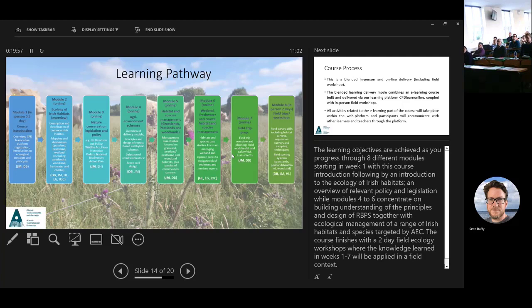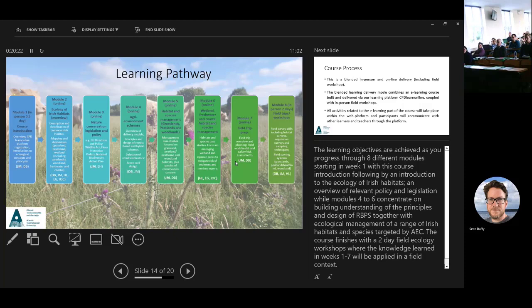And then once we've got a handle on that, we'll go into detail in terms of how you change a field, if it's in poor condition or medium condition, or if in high condition, how do you maintain that, or what are the management requirements. So you'll understand basically what the scoring systems are telling us and what management signals it should be giving us as well.